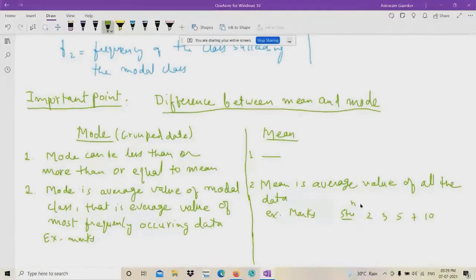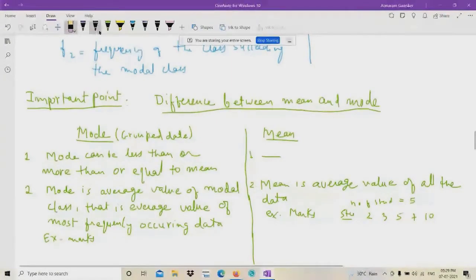So the number of students is 5. So it is the average of all these marks. Extreme lower and extreme higher marks included, divided by the number of students, you will get the mean. So it is the average of all the data.